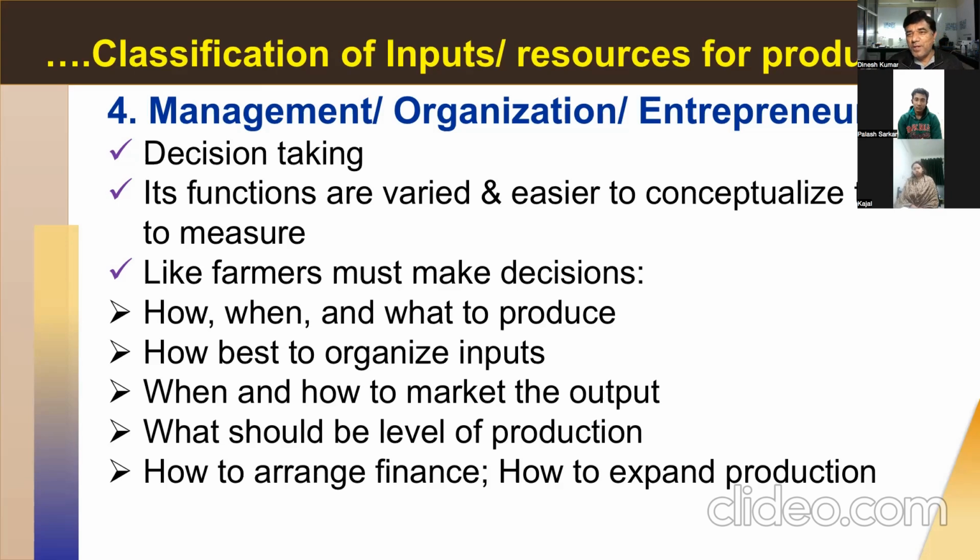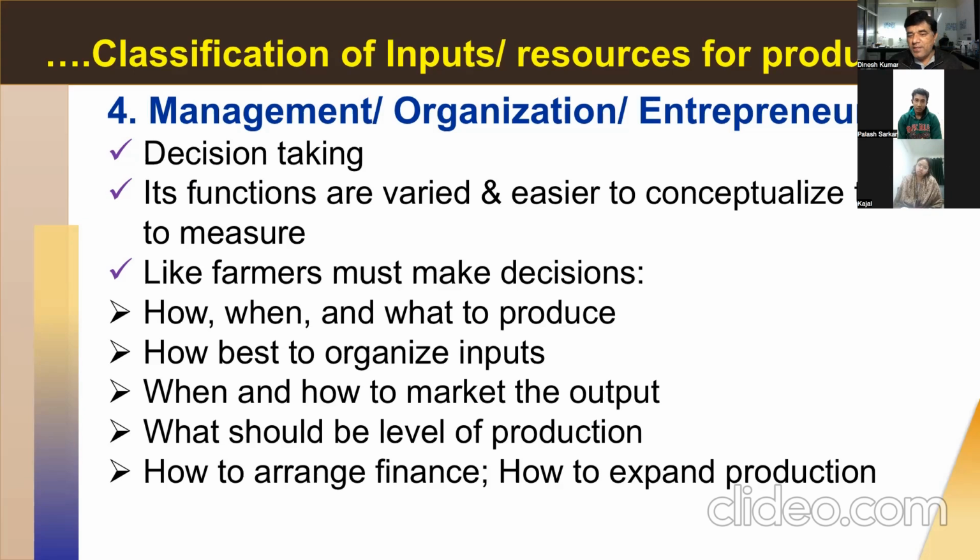When to do sowing of the crop, how to do it, how to arrange the seed, how much seed I need, how much fertilizer I need. So these are all decisions from day one to disposing or selling his product. You can understand, I need not explain. More than 1,000 decisions, or maybe more than 10,000 decisions, are made by a farmer or grower.